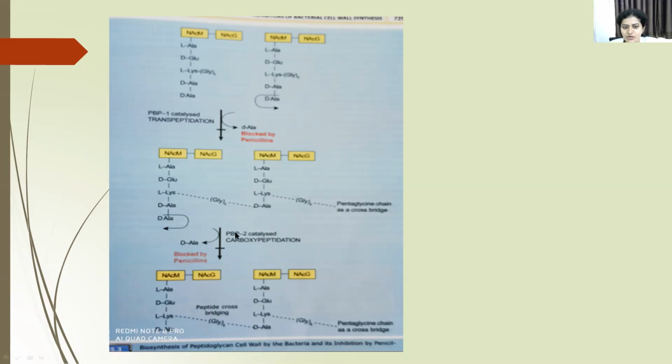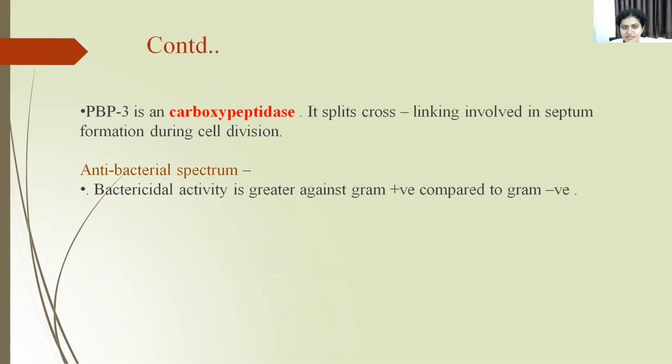So that is the role of penicillin binding protein 2. There is another penicillin binding protein, that is 3, which is a carboxypeptidase. It splits cross-linking formed in the septum formation during cell division.